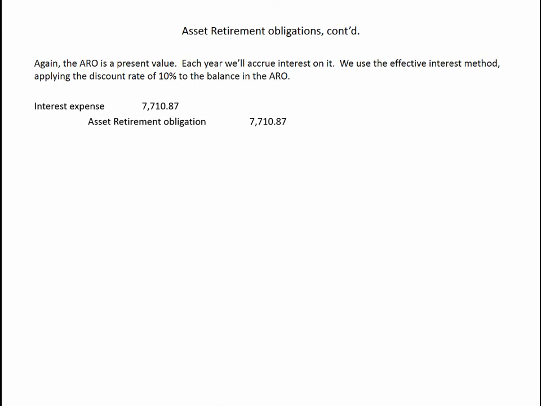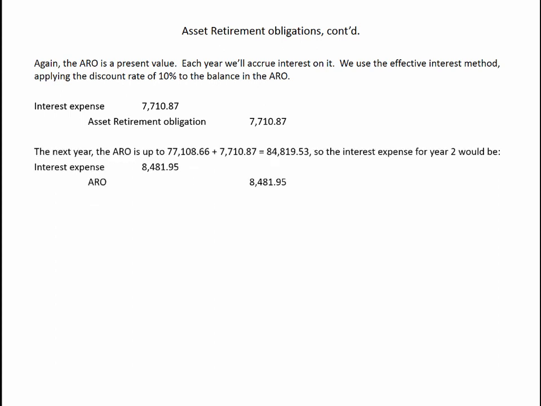So interest expense will be 10% of that, $7,710.87, and we add that to the asset retirement obligation. The next year, the asset retirement obligation will have grown due to that interest accrual to $84,819.53. So for year 2, we'll do the same thing. Interest expense will be 10% times the asset retirement obligation, or $8,481.95.